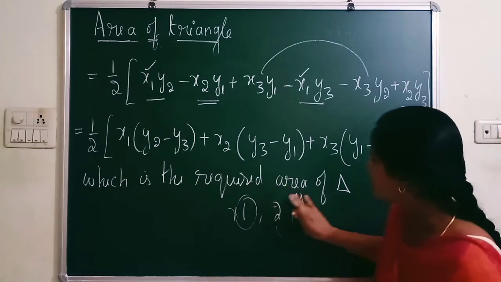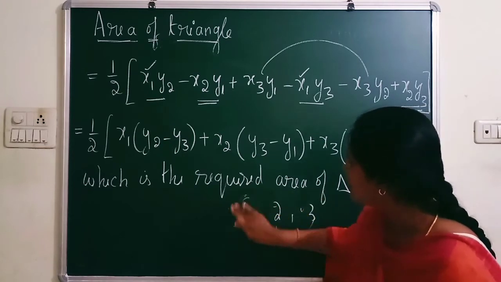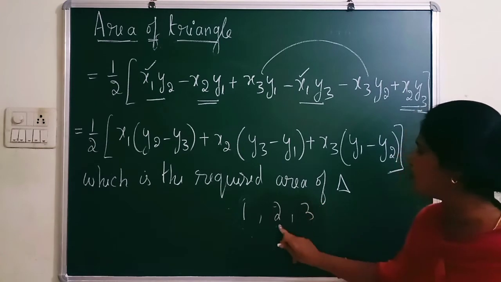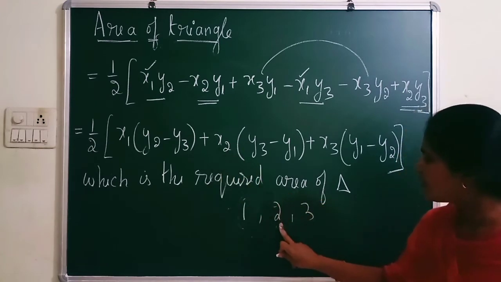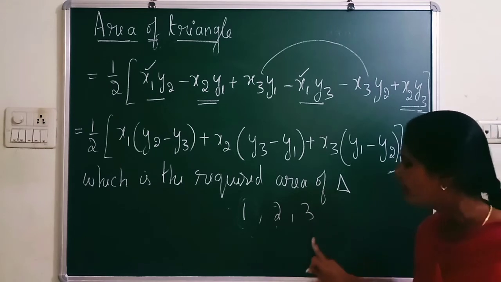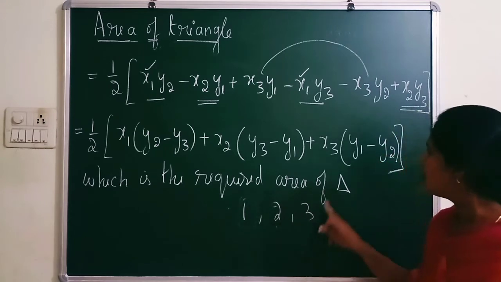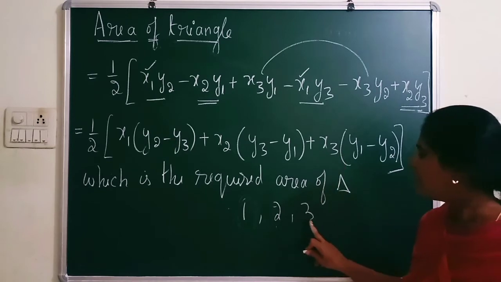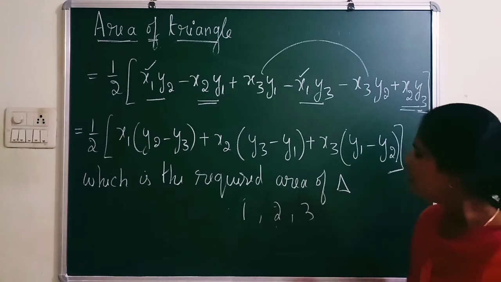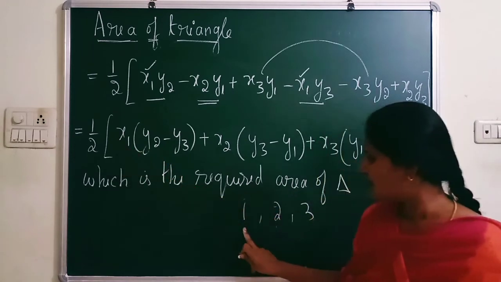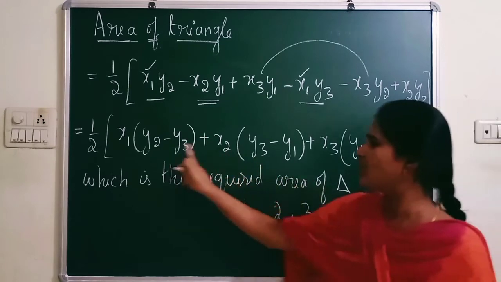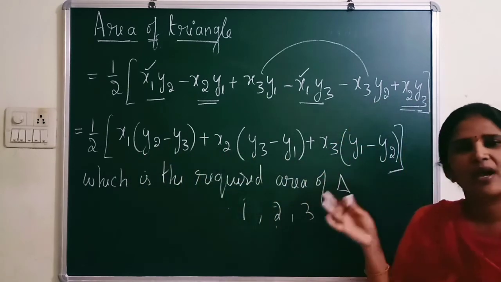Next, if you take x2 outside the bracket, after 2 what do you have? 3. So for that you put y3 minus y1. Plus, if you take x3, going back, write y1 minus y2. I will repeat again. If you are taking x1, in the bracket y2 minus y3. Always remember, outside you have x terms, inside the brackets you have y terms.